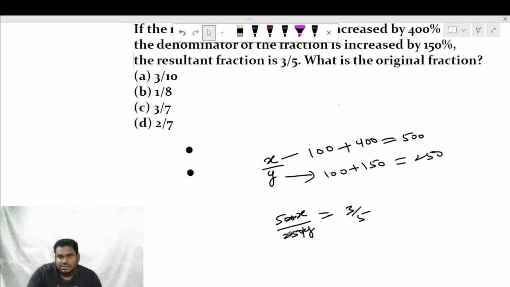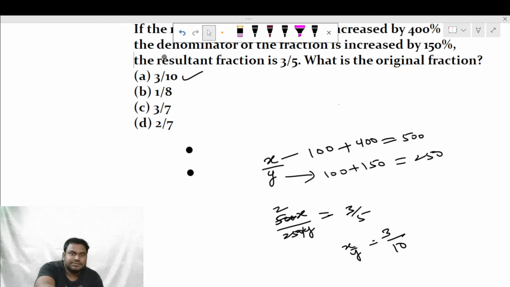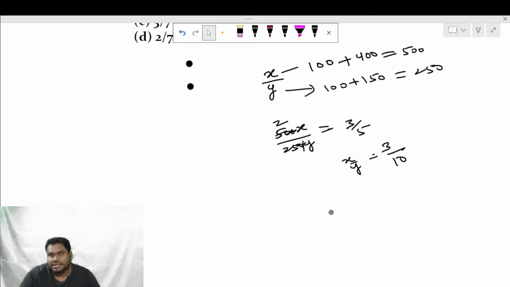The zeros get cancelled, 25 and 25 to 0. So x by y will become 3 by 10. The original fraction is 3 by 10.